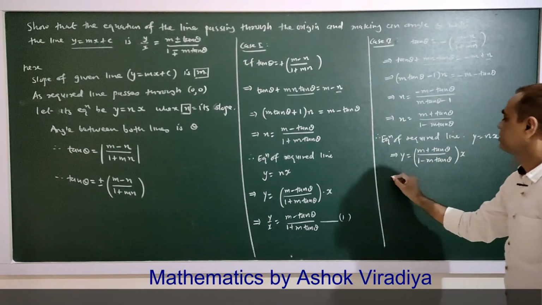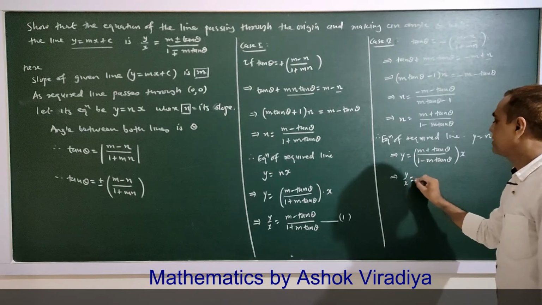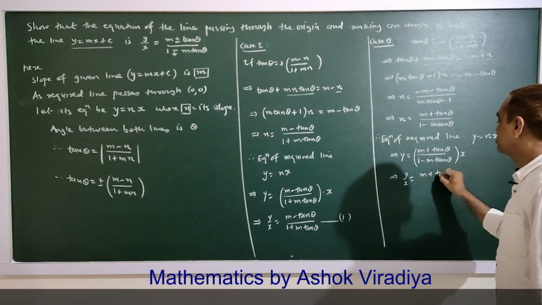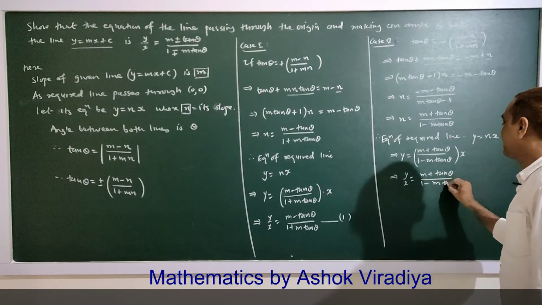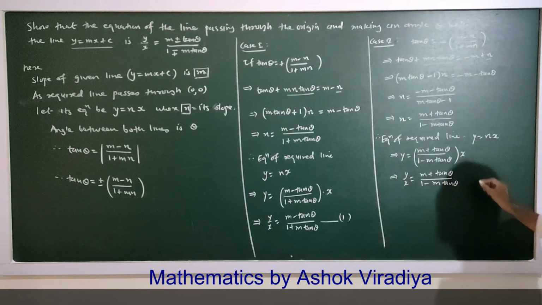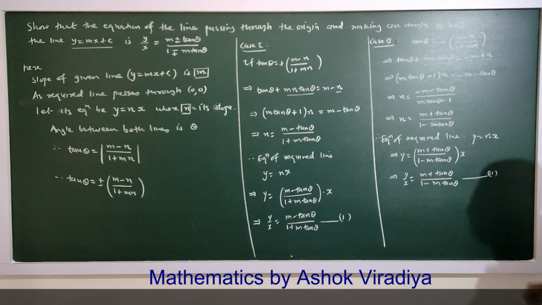That is, y by x is m plus tan theta upon 1 minus m tan theta. This is second form, or we can say this is required line in second case.